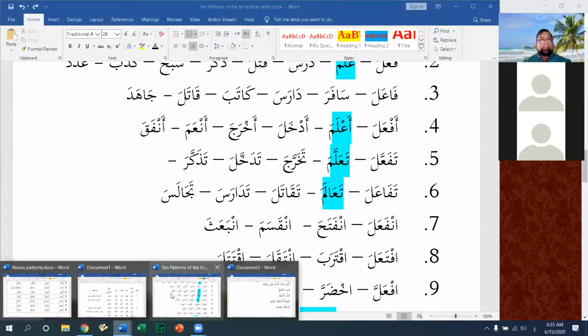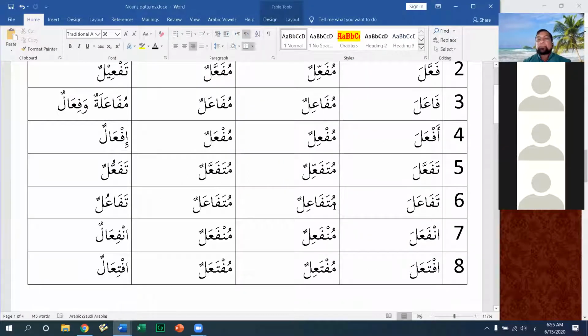Sheikh, can I go back a little bit? I'm slightly confused about something. On the fourth pattern, af'ala, right? I'm trying to make sense of this in English, and maybe my approach is incorrect. Af'ala, so anfaqa, is spending, and the masdar is infaq, which you just mentioned is the act of spending, right?